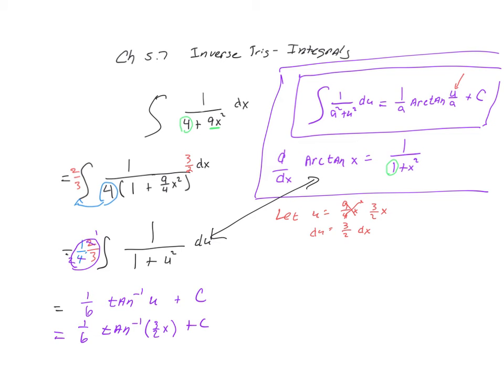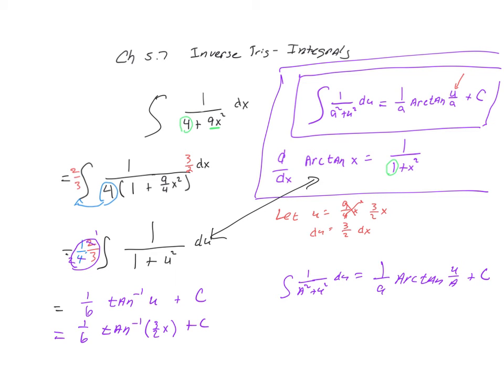Now we're going to double check here. I'm going to rewrite my formula from up above. It says if I have 1 over a squared plus u squared du, then I should have 1 over a arctangent, or tangent inverse, of u over a plus c.